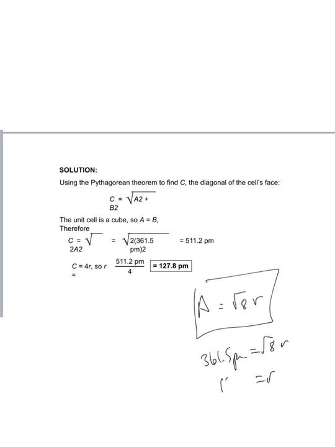I got 127 picometers. I don't know why they made it so hard. But basically, if you know this equation, you can do it.